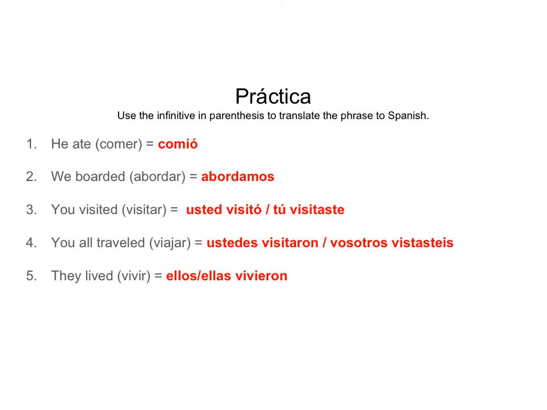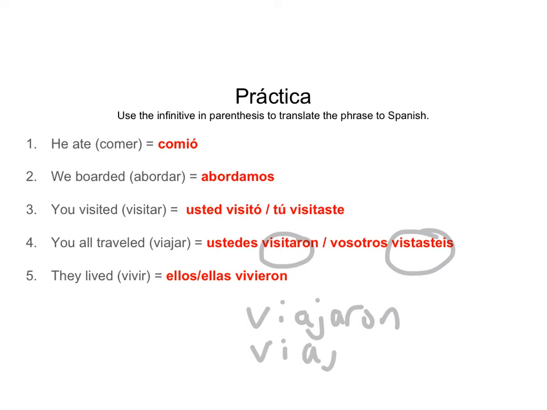Write that one in there. Ustedes viajaron, or vosotros viajasteis. And the last one, they lived, ellos o ellas vivieron.